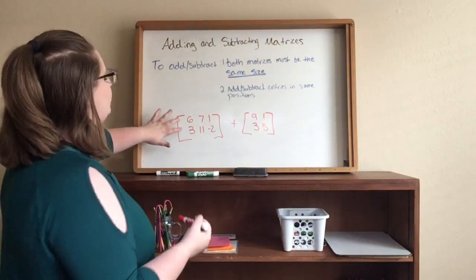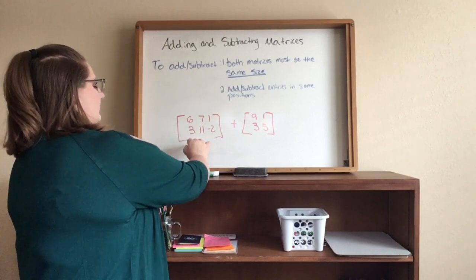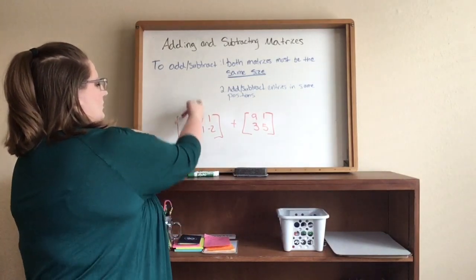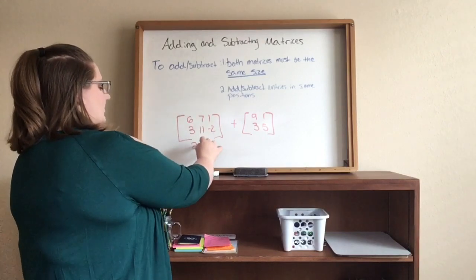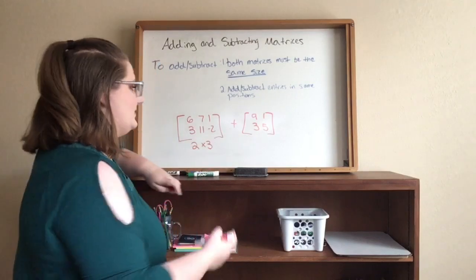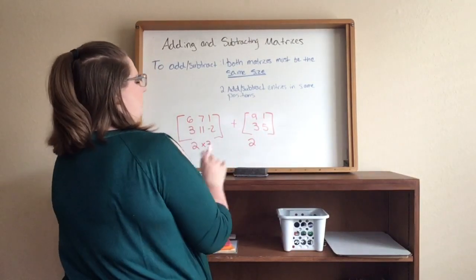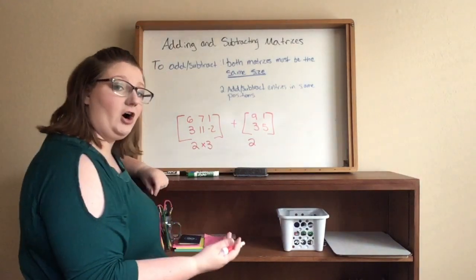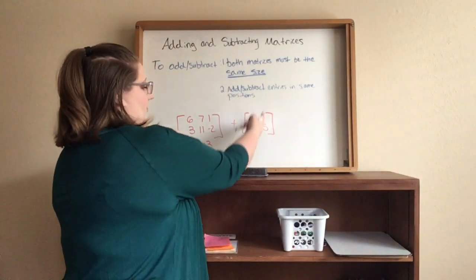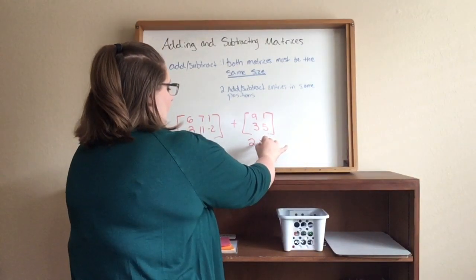If I look at this first matrix, I have 2 rows and 3 columns. So the first matrix is a 2 by 3. In my second matrix, I have 2 rows. So they have the same number of rows, but when I go to look at the number of columns, this second matrix only has 2 columns. So the second matrix is a 2 by 2.